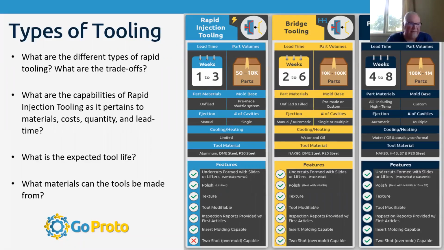That's where that fits. Not a whole lot of undercuts, not a whole lot of lifters or side actions or anything else needed. So that's what determines the rapid injection, and then moving into the bridge tooling.